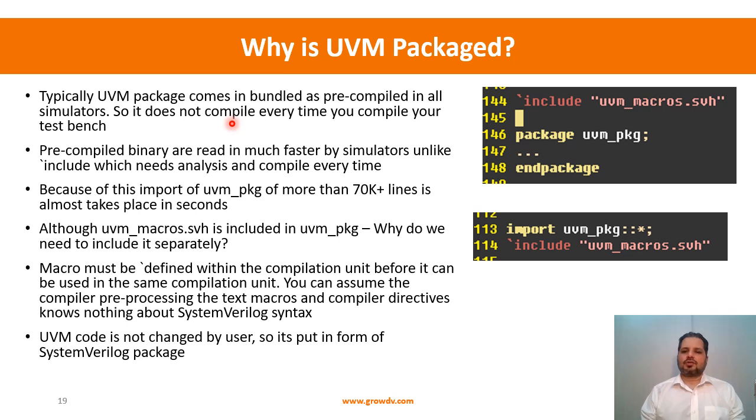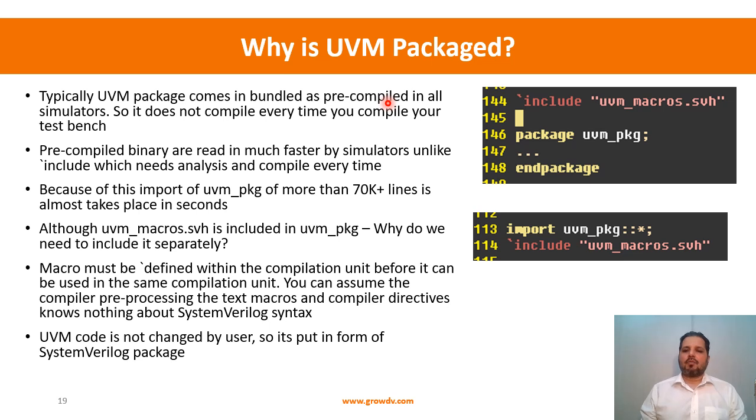With the UVM package, these days the simulators especially pre-compile it and ship it. They ship the source code as well, but they ship the binary code of the UVM. So now when you compile your source code where you import the UVM, they tend to use the binary pre-compiled UVM package. Because of that, the overall time it takes to compile or import all the content is very fast.